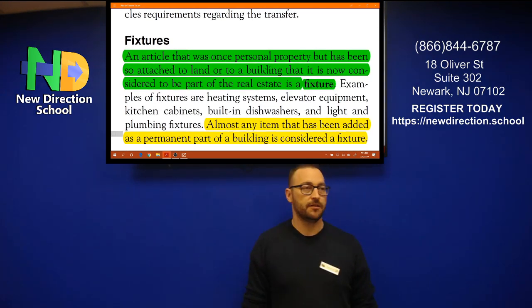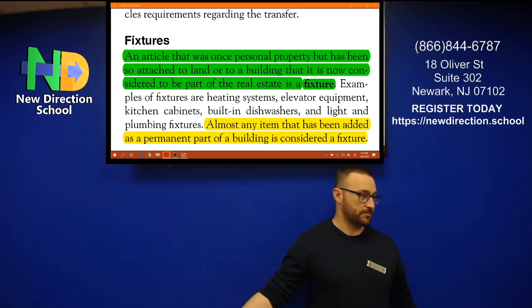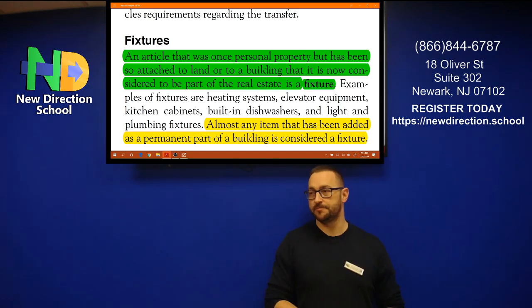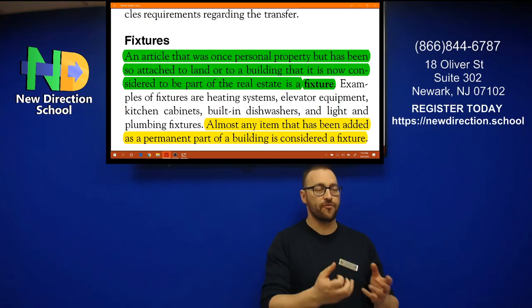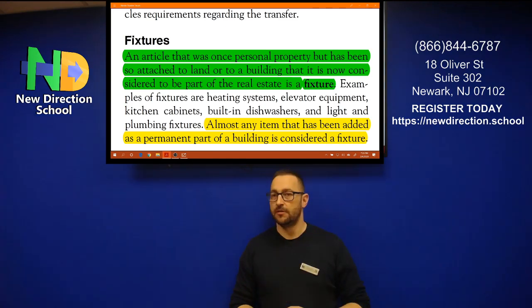Those are not part of the building, right? The building is four walls, and then you attach stuff to it. So anything that's removable is a fixture. Can we remove light fixtures? Yes. Can we remove plumbing fixtures? Kitchen cabinets? Yes. Simple.